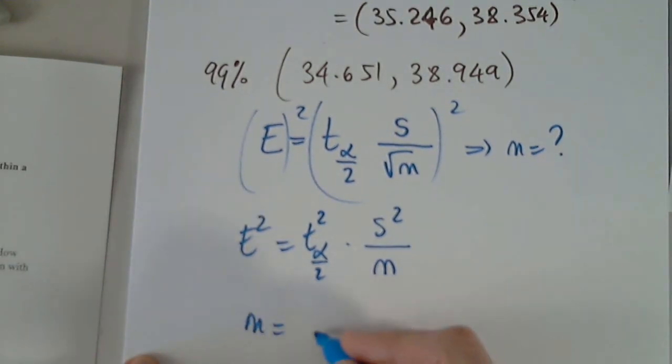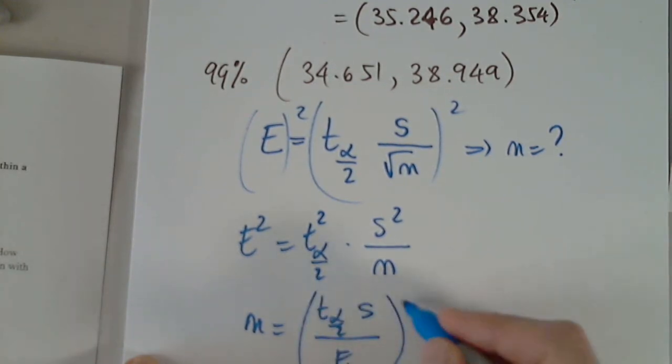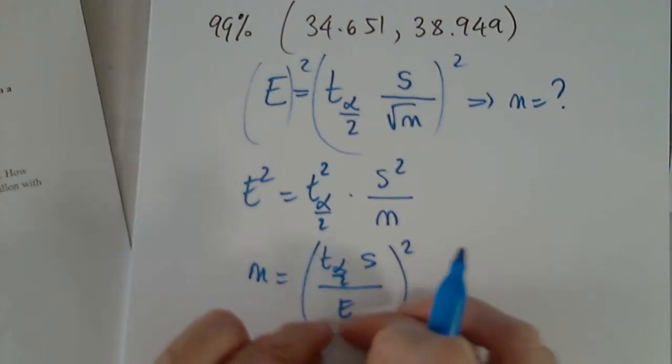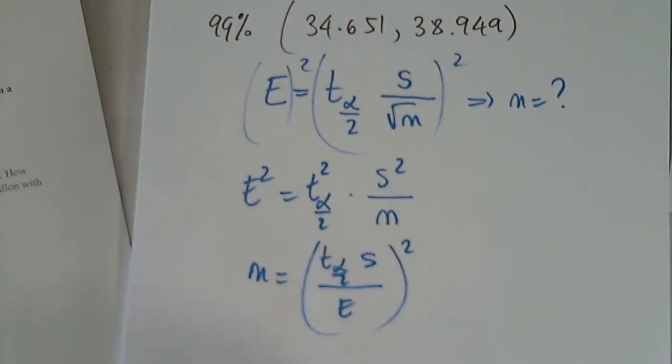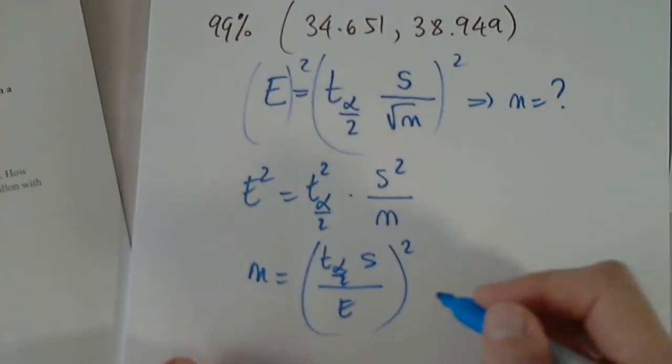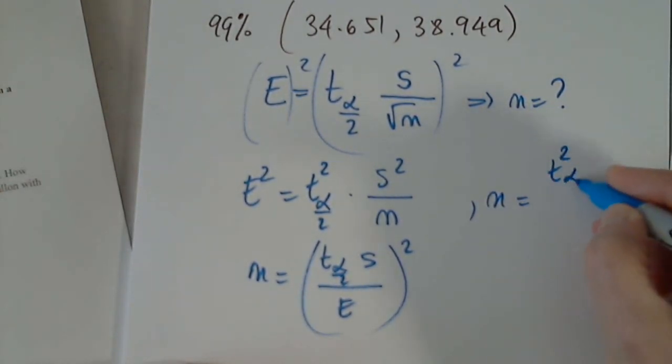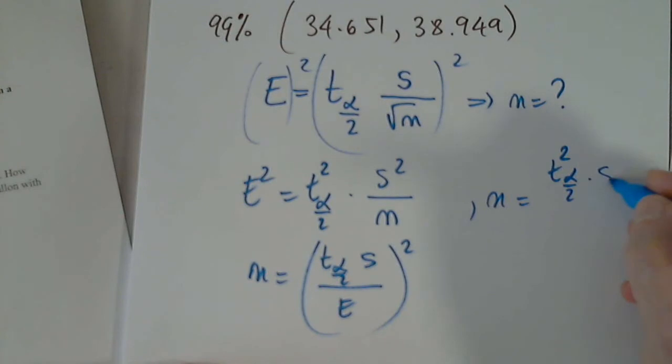So n will be T alpha over 2 S divided by E, everything squared. Because all these are squared, I put them together inside and then I square it outside. You can say, I don't like this, I prefer this, that's fine: T sub alpha over 2 squared times S squared divided by E squared. It's the same thing.